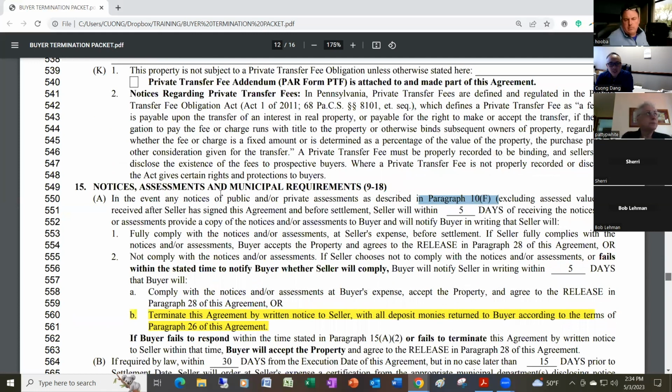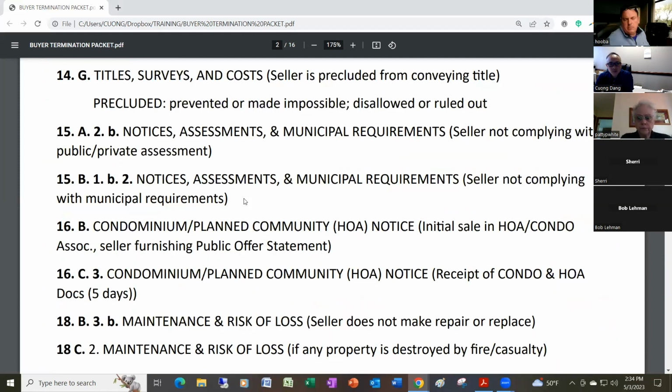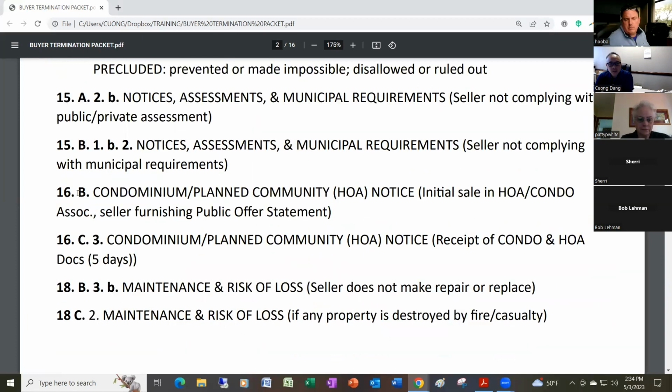So we got paragraph 15 out of the way. Next one is 16. That's condominium and planned community HOA notice. So we have 16 paragraph B and 16 paragraph C number 3. So 16B states initial sale in an HOA condo association seller furnishing public offering statement.